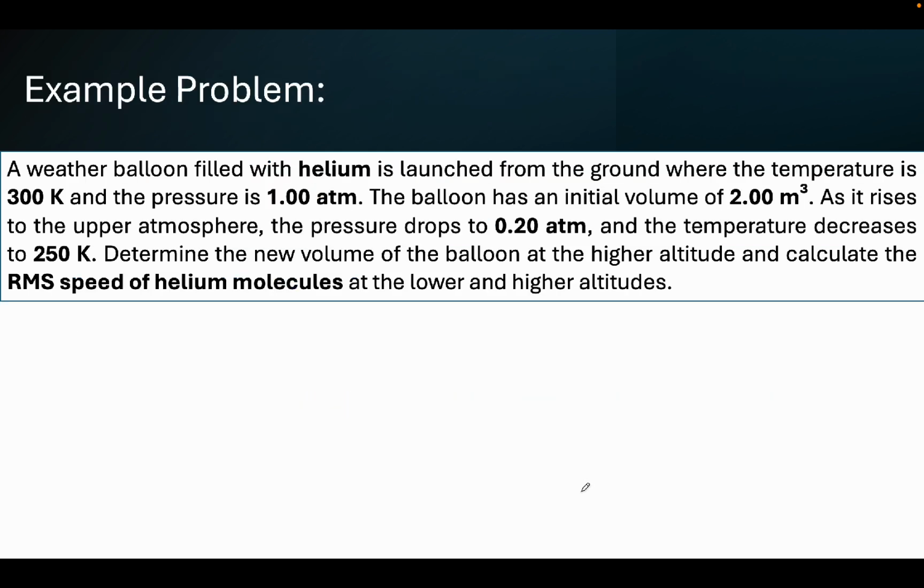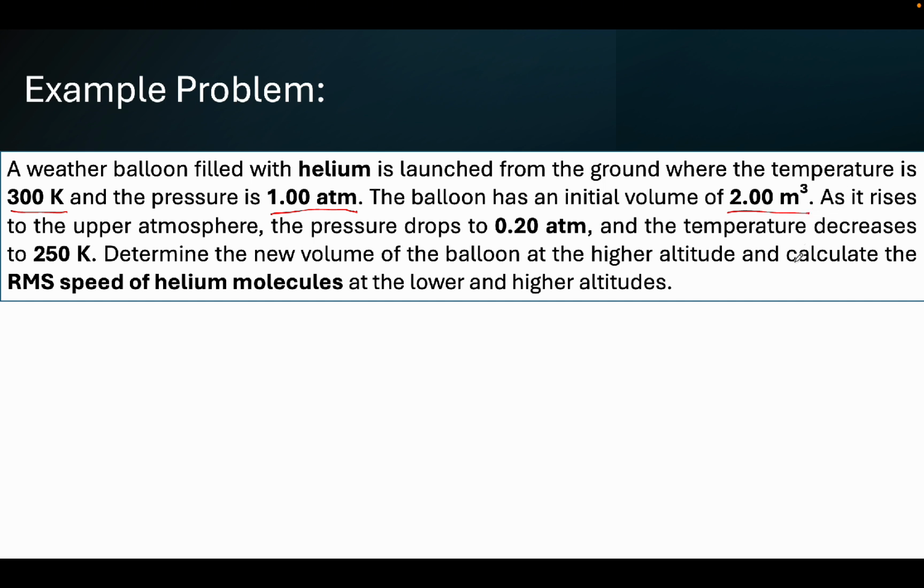Okay, now let's have an example problem. This is a real world problem. A weather balloon filled with helium is launched from the ground where the temperature is 300 Kelvin and the pressure is 1 atm. The balloon has an initial volume of 2 cubic meters.